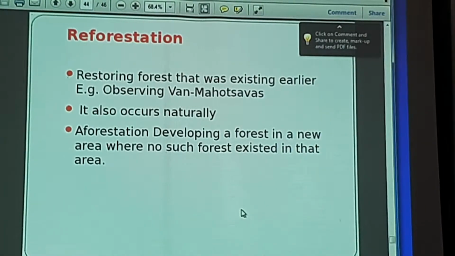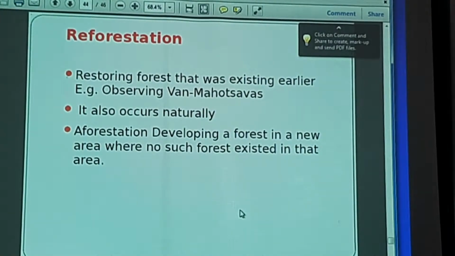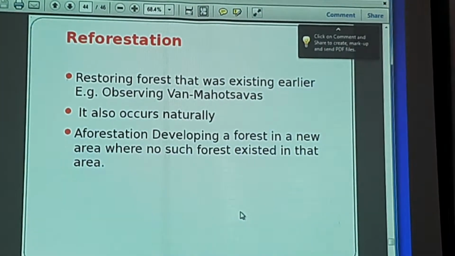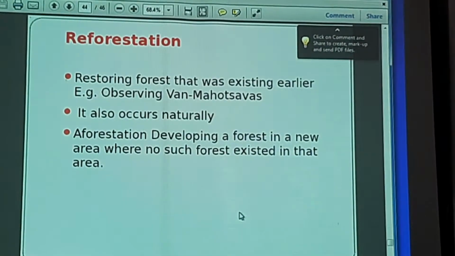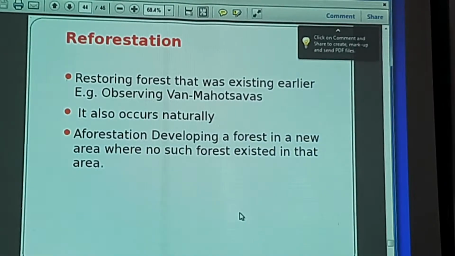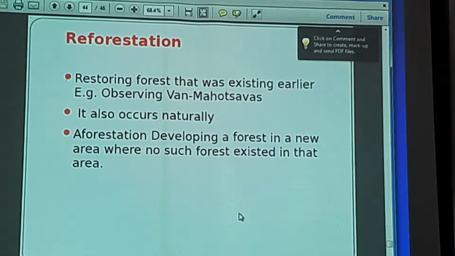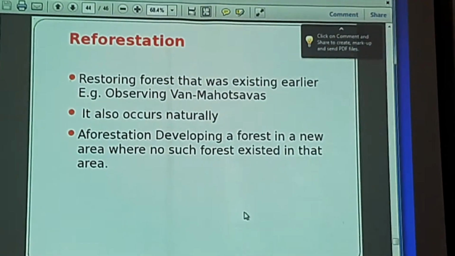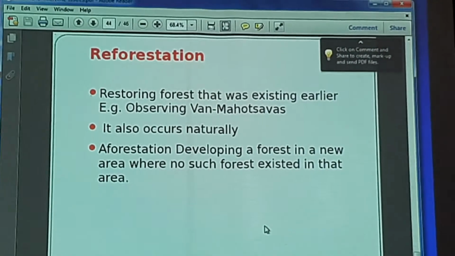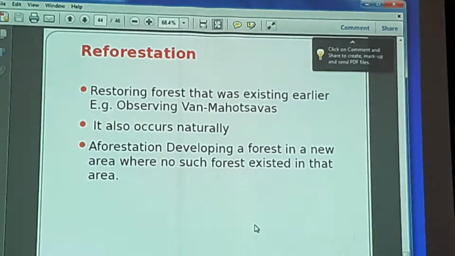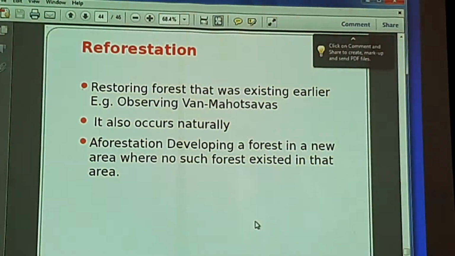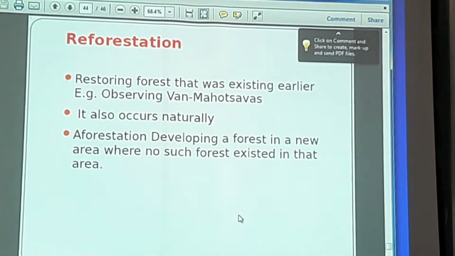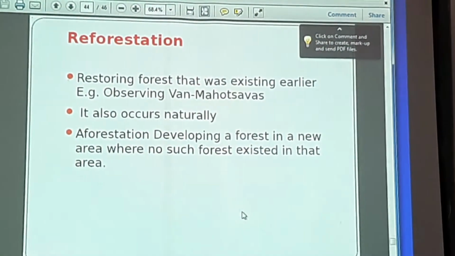Reforestation is where there was a forest, which might have been removed for agricultural purposes or destroyed by forest fires, and we develop a new forest. What is afforestation? Where there was no forest, we grow a forest. So there are deforestation, reforestation, and afforestation: three terminologies that you have to remember.